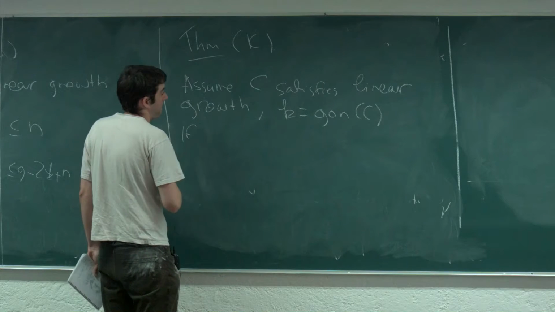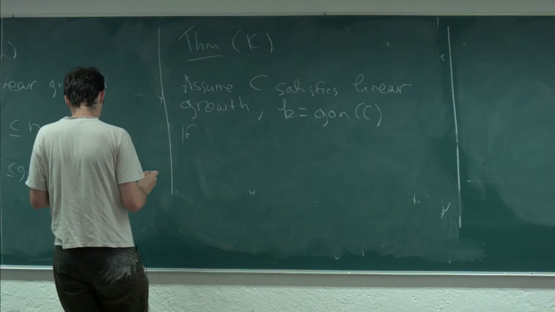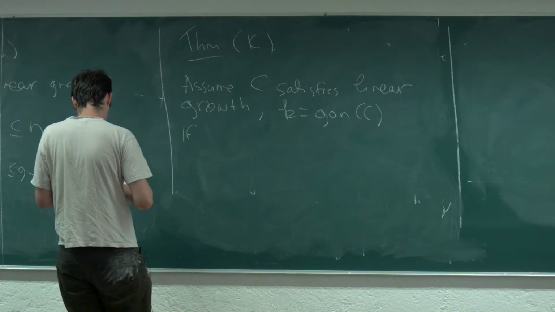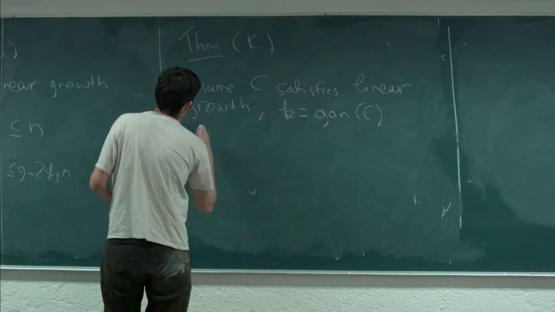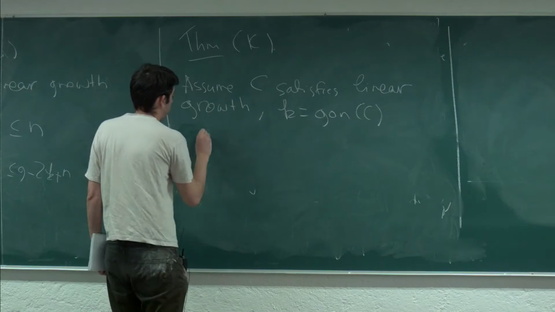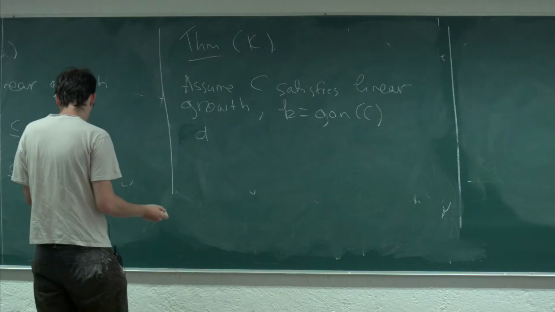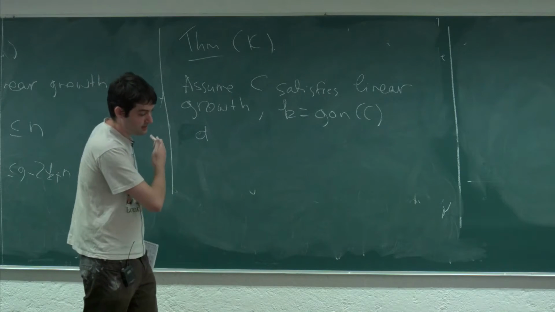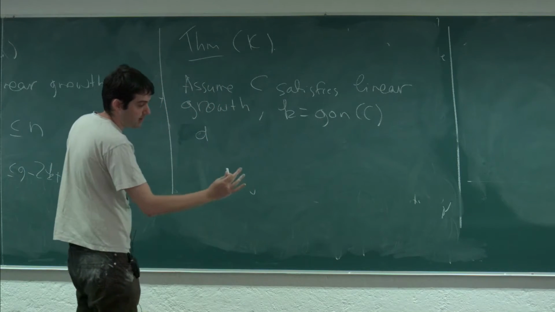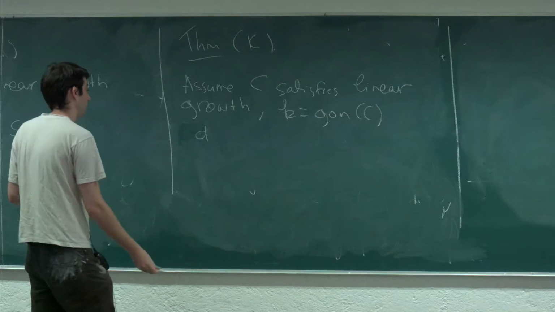Now, I want to say something else. I want to study the secant conjecture in the case where we had this inequality. The degree had to be greater than or equal to something. I'm studying for this theorem the extremal case where we have equality here.